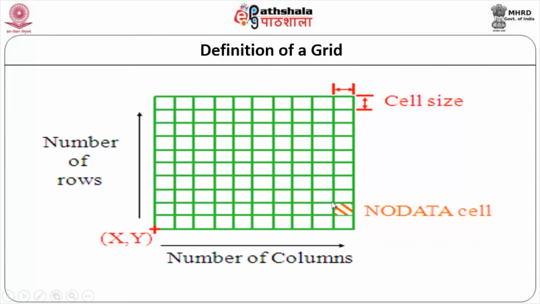In many cases, it is always possible to have no data cells, because the entire grid is not covered by a non-regular surface, isn't it? If it were a square or a rectangular object, then it would cover the entire grid, otherwise it will not cover the entire grid. Hence, we will have no data cells also in a grid.